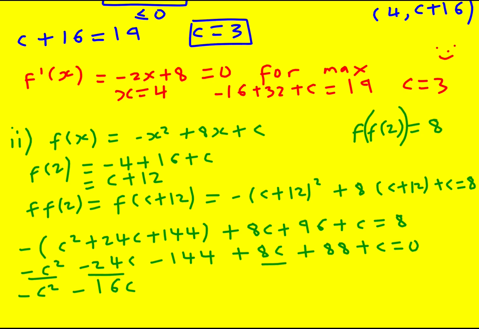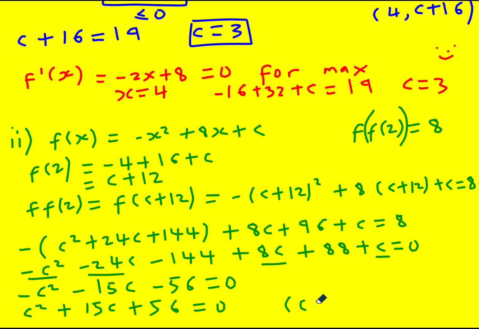Oh, sorry, I missed another c, which is going to make it minus 15c. And then minus 144 plus 88, that's going to be minus 56. So c squared plus 15c plus 56 equals 0.